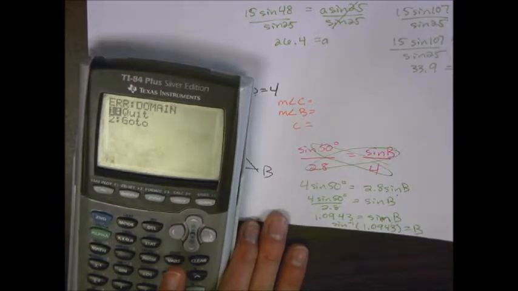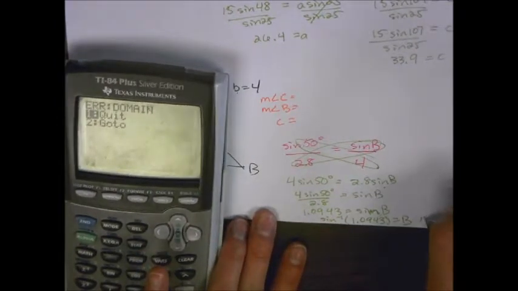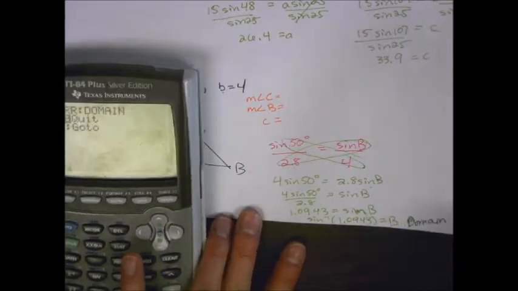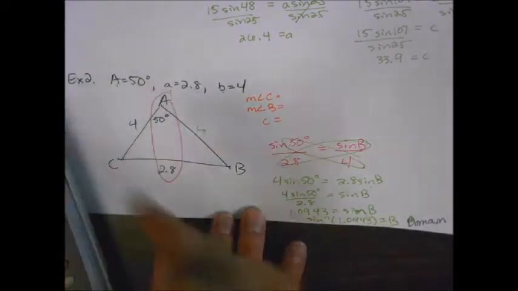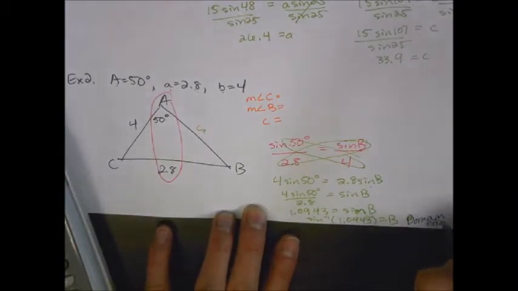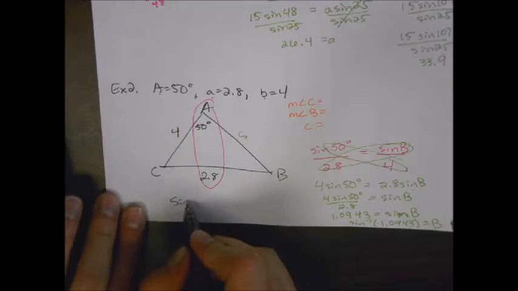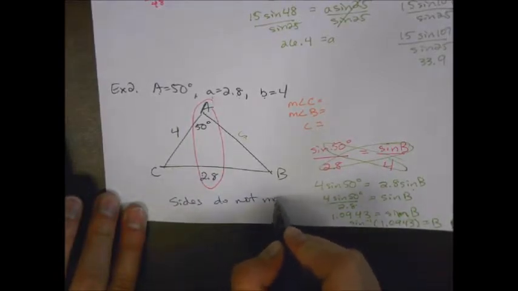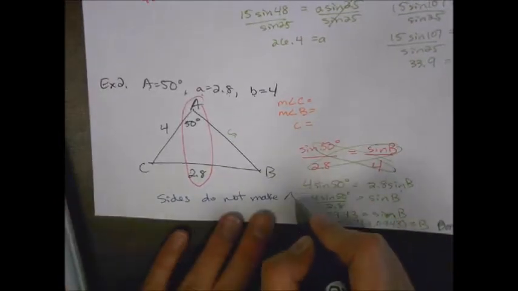We can't do that. So these sides do not make a triangle. Let me write that in a different color. This is a domain error. So that means the sides do not make a triangle.